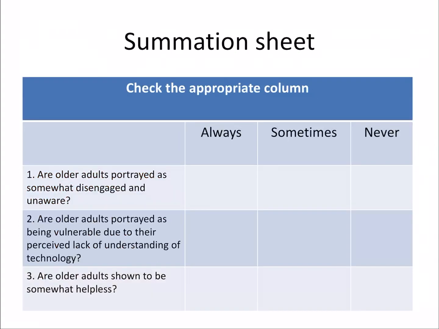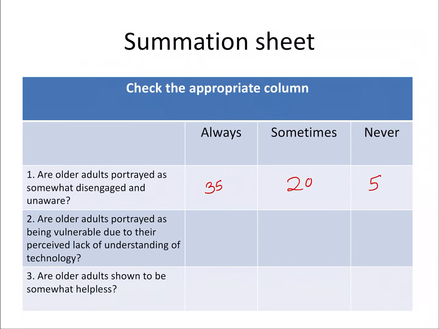Finally, taking the example of older adults being portrayed as somewhat disengaged and unaware. Let's say we're looking at news items, we're looking at how older adults are portrayed. As we're looking at the summation sheet, we find that there are at least 35 items where they're always portrayed as somewhat disengaged, 20 when they're sometimes portrayed as being disengaged, and there are probably 5 items where they're never portrayed as being disengaged.